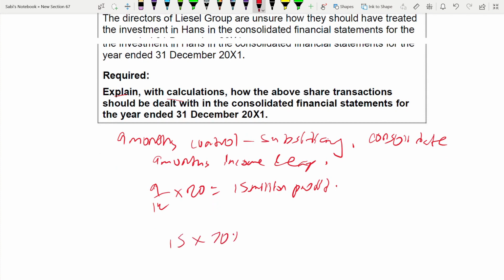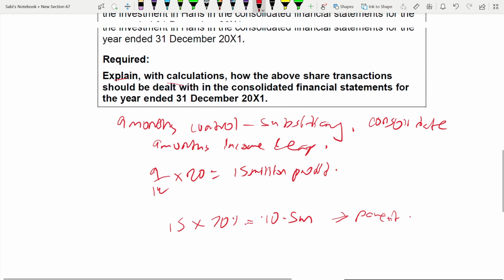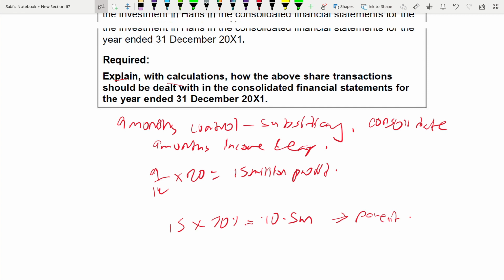So 70%, which is 10.5 million, goes to parent. The balance, which is 15 minus 10.5, which is 4.5 million, goes to NCI.